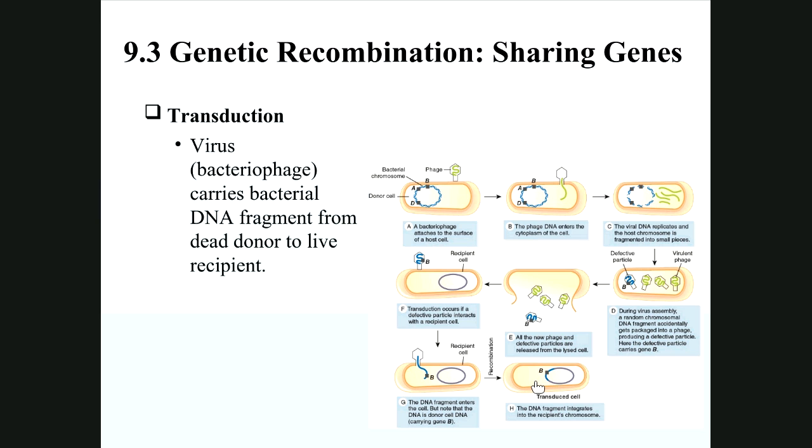So they're representing it by that little B. See the little, so they're trying to show in this picture up here, we have like A, B, and D, these little sections here. And then B happened to get into this virus, and then we follow the B all the way through, and now it's in the new bacteria. Okay? So again, bacteriophage transporting some bacterial DNA into a new bacteria.